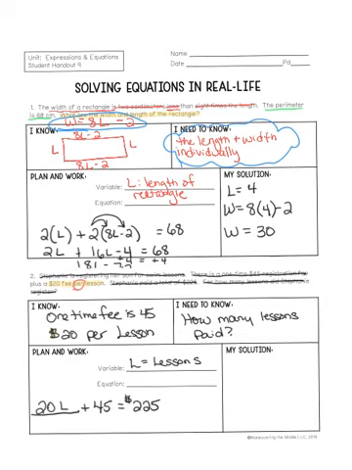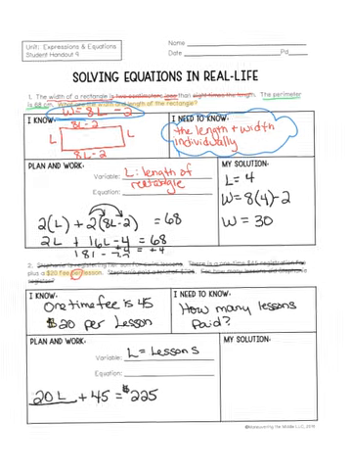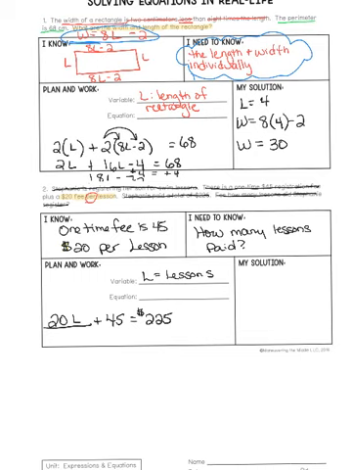The problem is we're not asking for an equation so that we can insert any number of lessons. We have to know exactly how many lessons he took along with that $45 fee, to create $225 of the total charge. So we're going to solve for L. And now that we're in solution mode, we're going to subtract 45 from both sides to keep that balance.